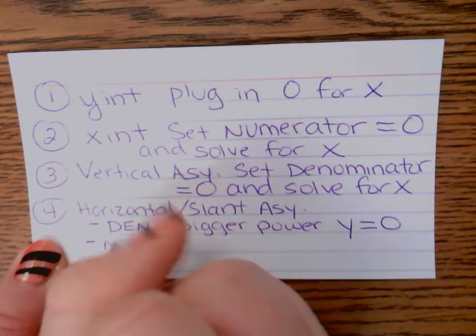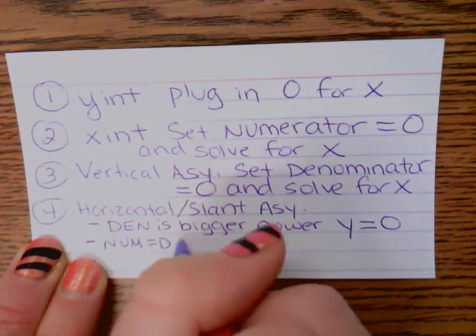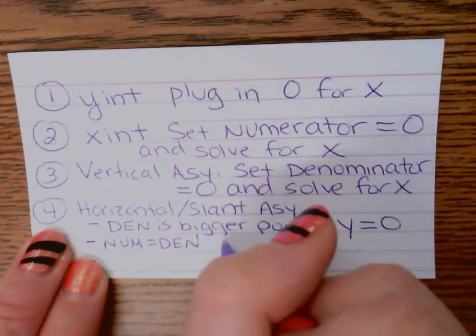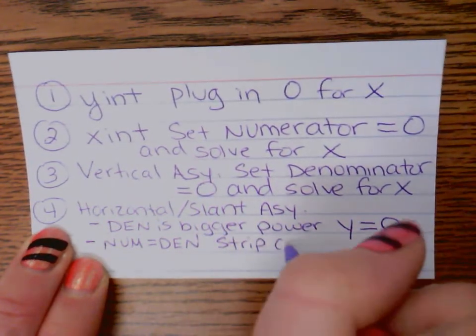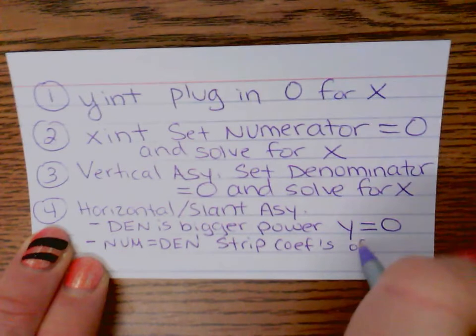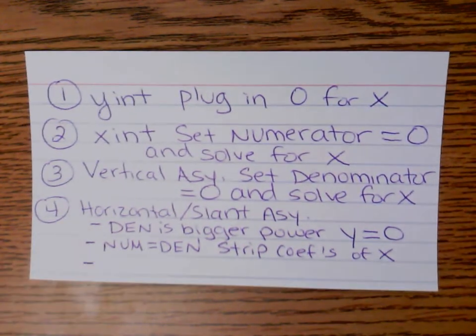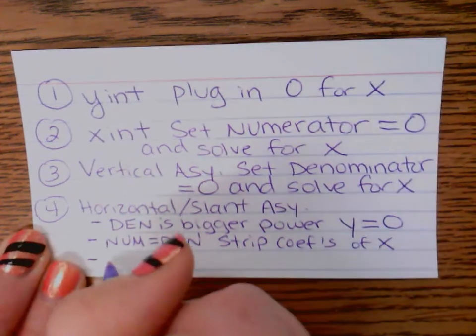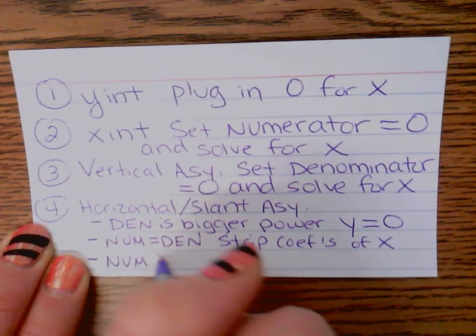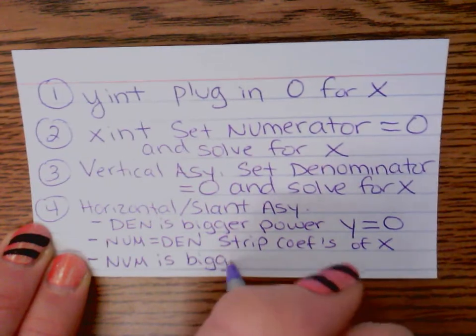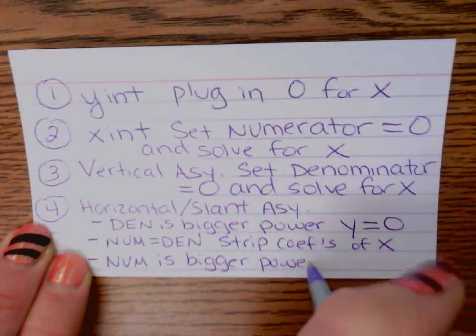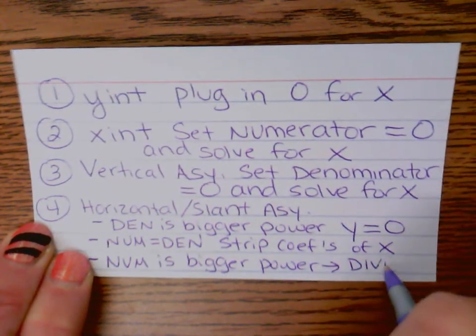If the numerator is equal to the denominator, you strip the coefficients of x. I can't fit the word coefficients, or you could write peel off the coefficients of x. And then if the numerator is a bigger power, you do division.